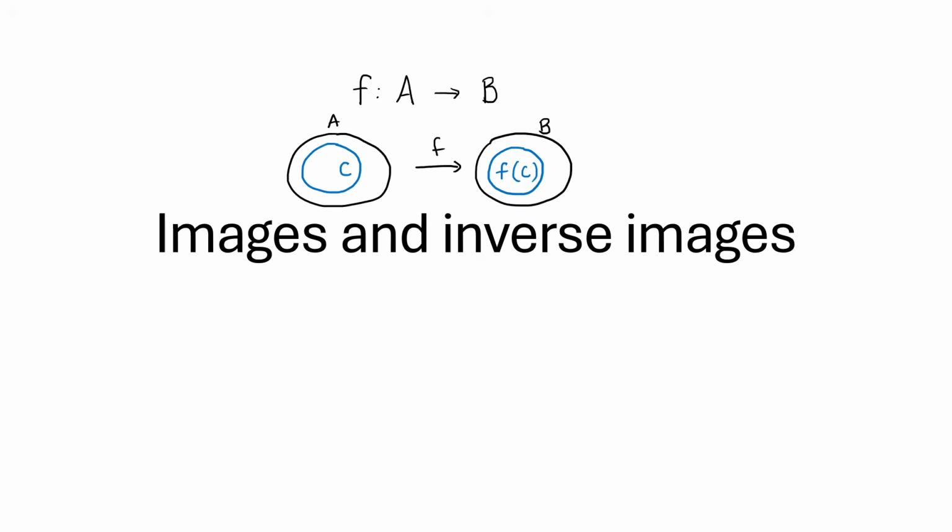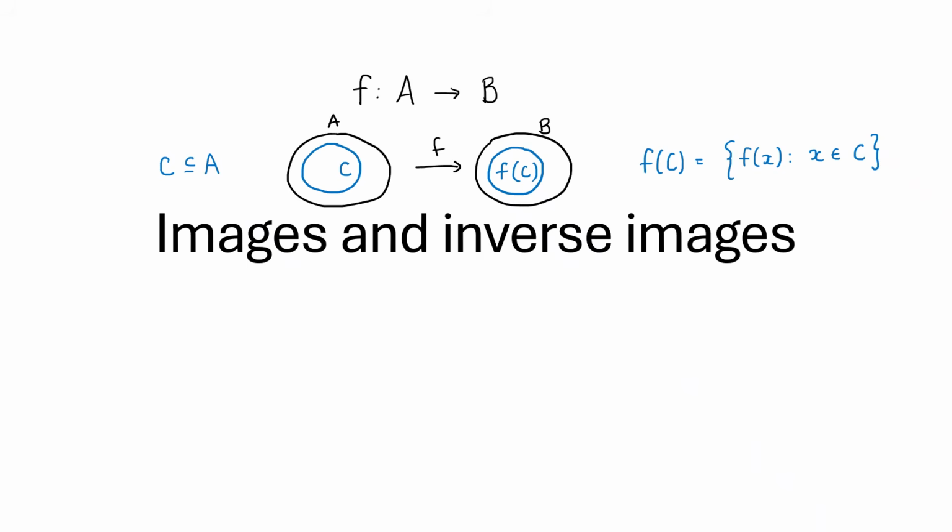The definition is really just f(C) would be all function values, all f(x), where x is restricted only to C, not perhaps the full domain A. C could be a proper subset of A, but it could also be equal to the set A as well. So here, C could be any subset of A.